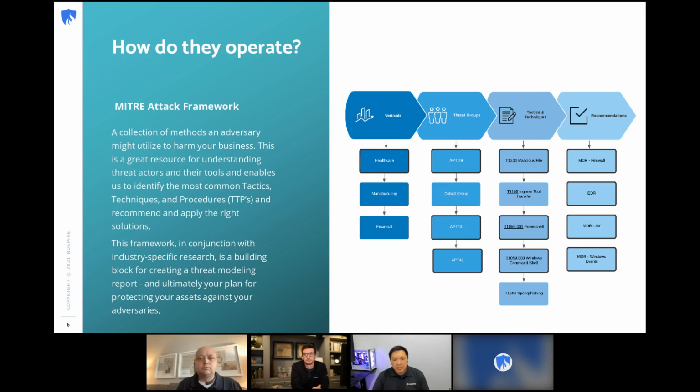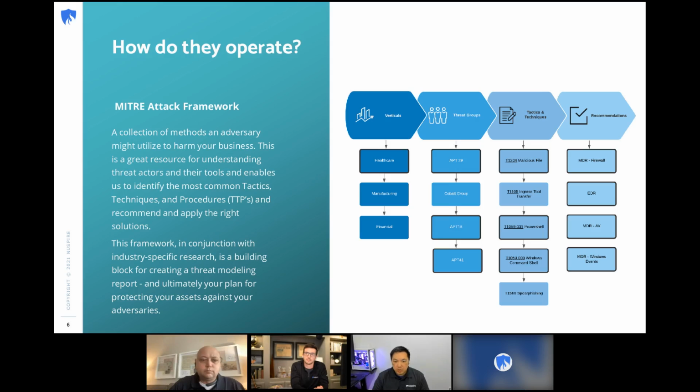They cataloged everything out, put it under a life cycle, and put techniques under each stage of the life cycle. Like, what would an attacker do in the reconnaissance phase? What would they do when they're compromising a system? What are they going to do when they try to move laterally across an environment?